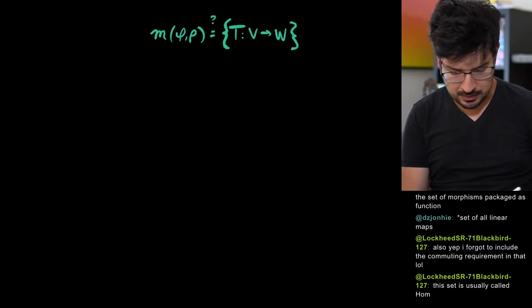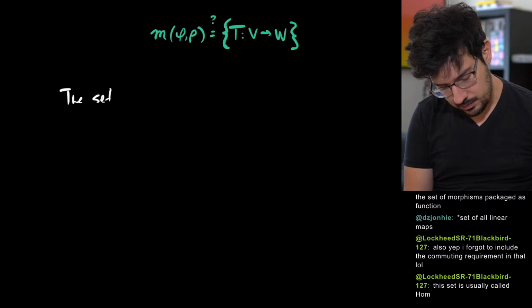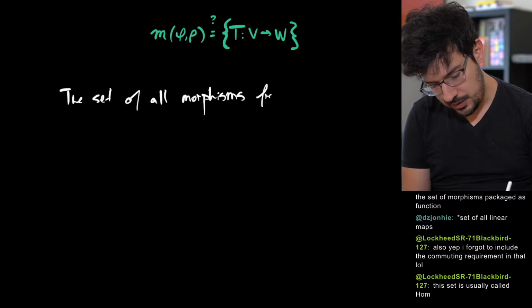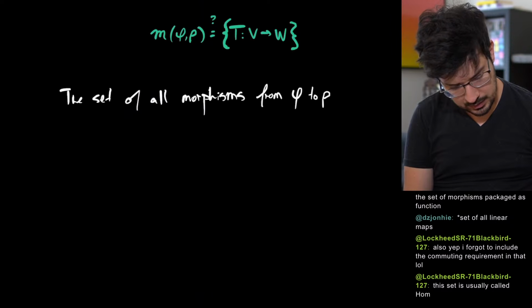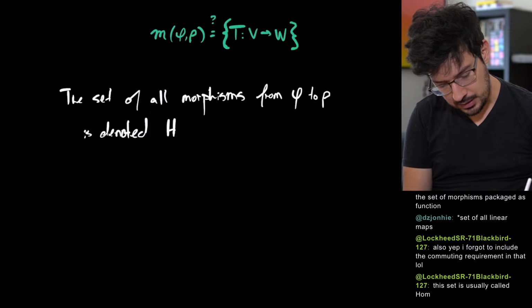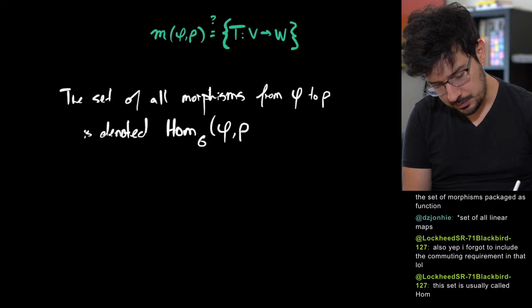The set of all morphisms from phi to rho is denoted hom G phi rho.